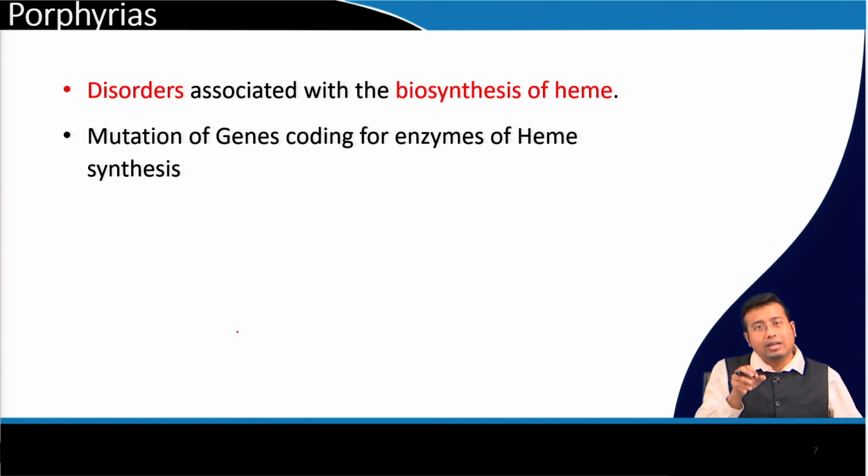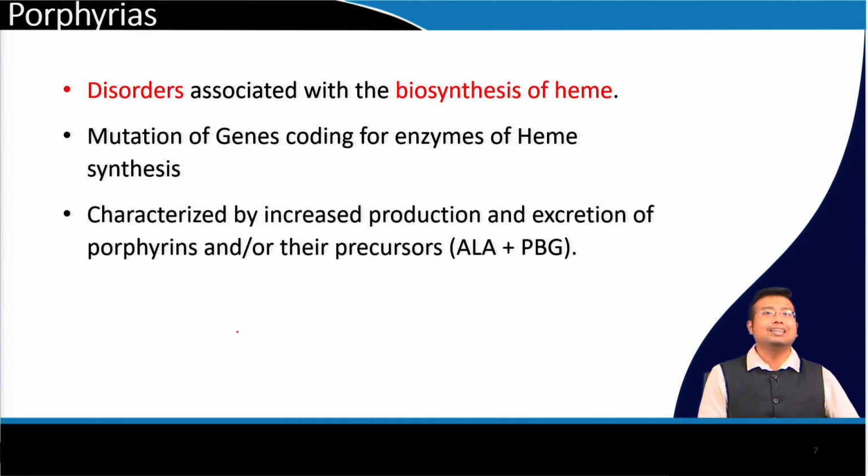We all know the enzymes are proteins that are coded by genes designed for those proteins. If there is some mutation in those genes, the enzyme activity will be improper, it will be reduced, and that will lead to these diseases. So, all of the enzymes of heme synthesis can lead to one or another porphyria, and the problem is in mutation.